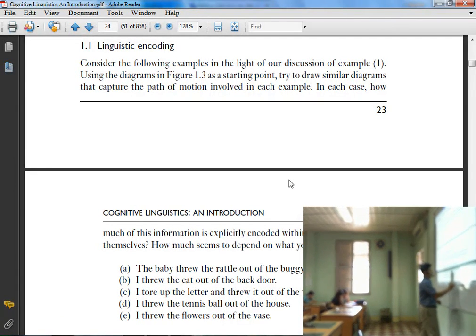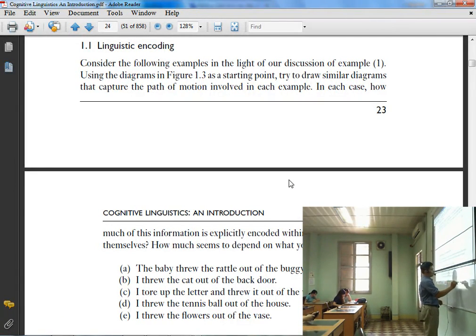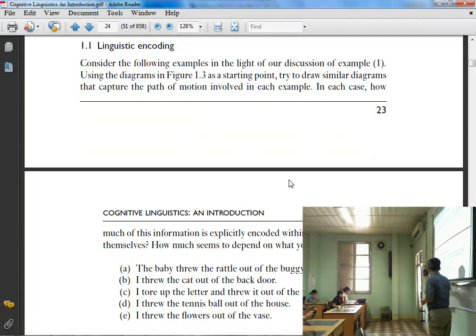Okay, object and motion. Now, these key concepts, the image schema, help us to explain why the preposition "out of" has different meanings in different contexts.